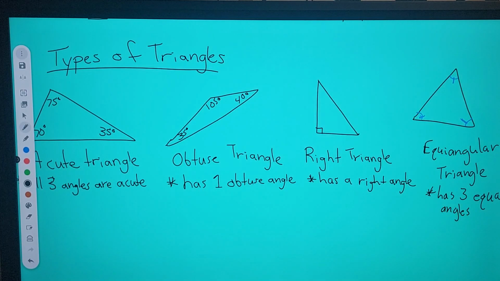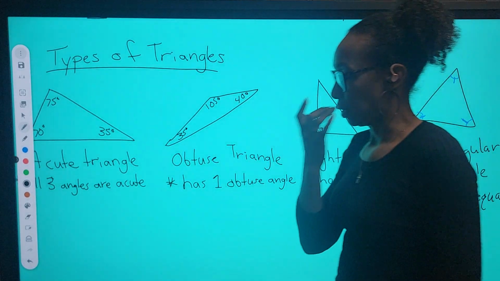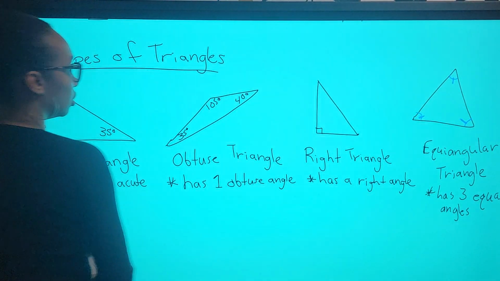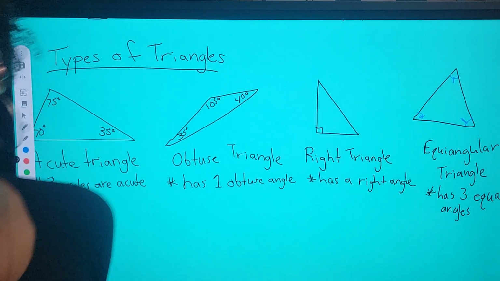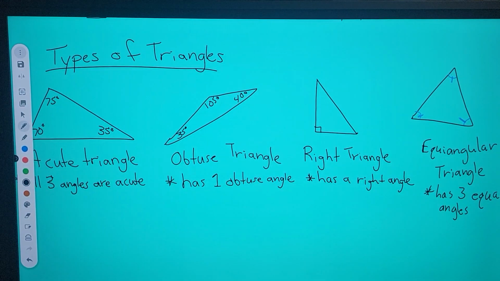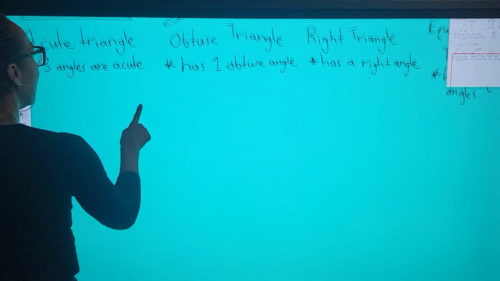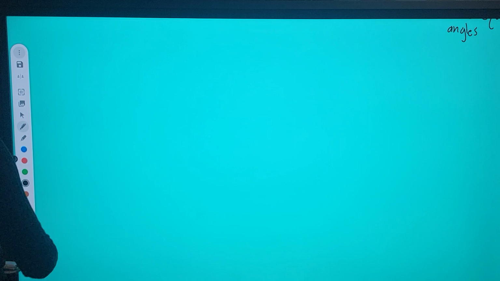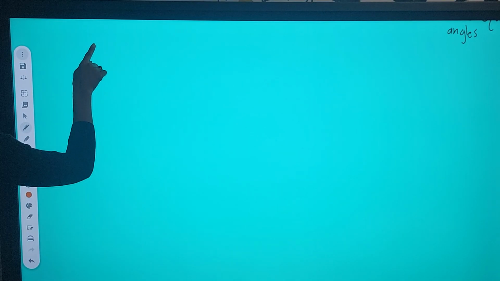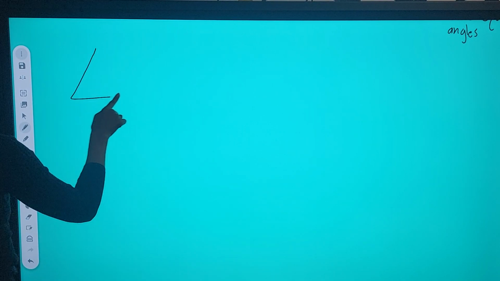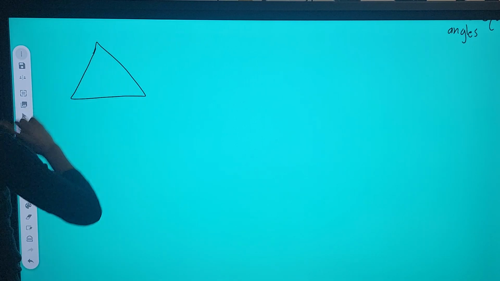All right, so each of these types of triangles were determined based on the type of angles that are in them. Now we're going to take a look at classifying triangles based on the sides or the length of the sides.